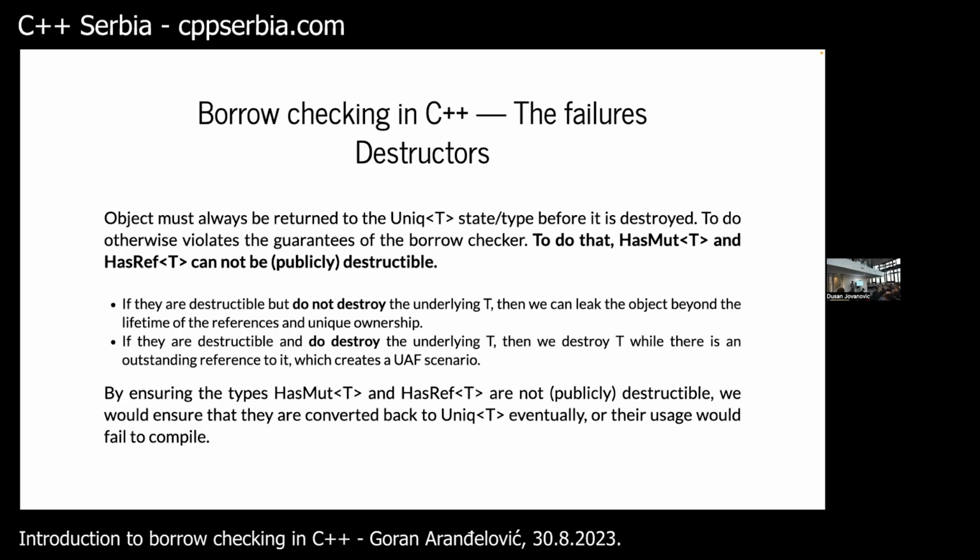And you also see these two bullets here, that if these types are destructible, but in the first case, they do not destroy the underlying type, then it can happen that you, for example, have this hasref of T. And because it's publicly destructible, you destroy it, and that object by the first bullet doesn't destroy the object itself, then you kind of lost that state, and you lost the information that you have a reference.